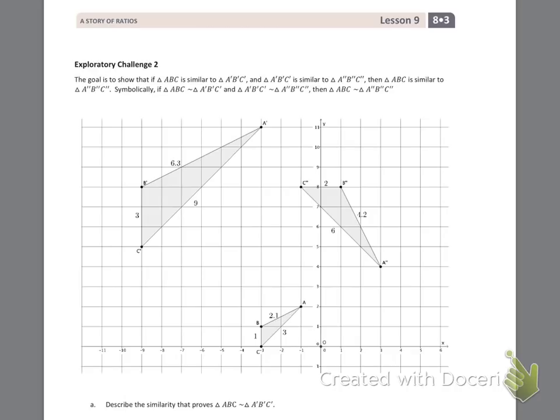So why do you think this is so? You could talk about what a dilation does. A dilation preserves angle measures. So if I dilated going this way, the angle measures would be preserved.